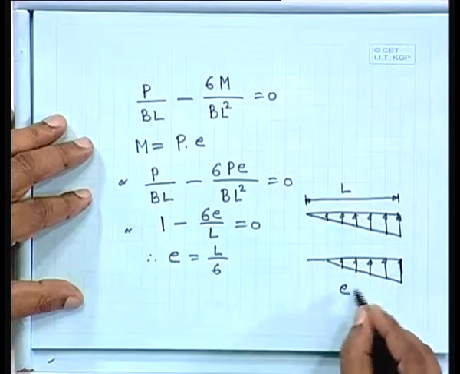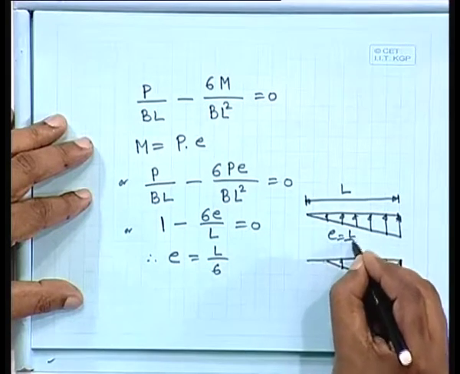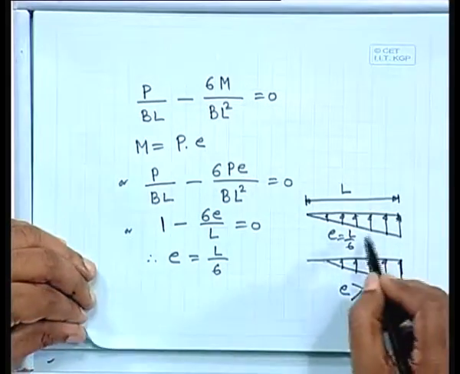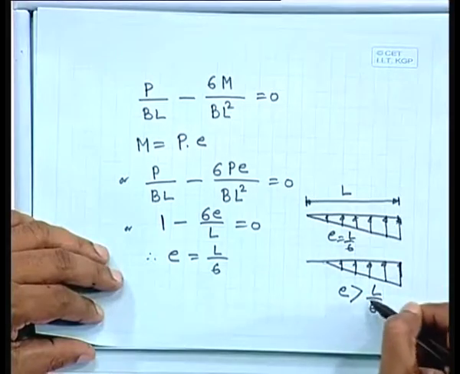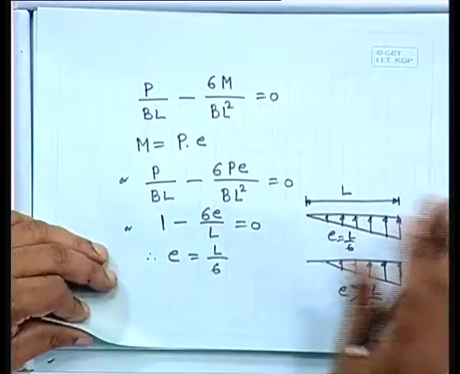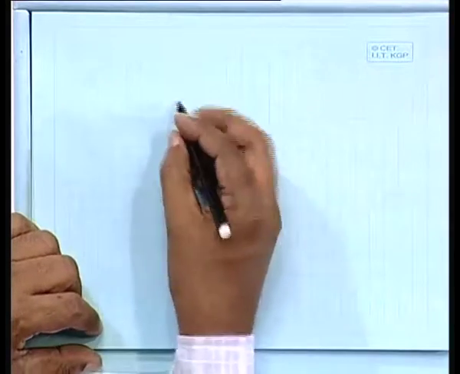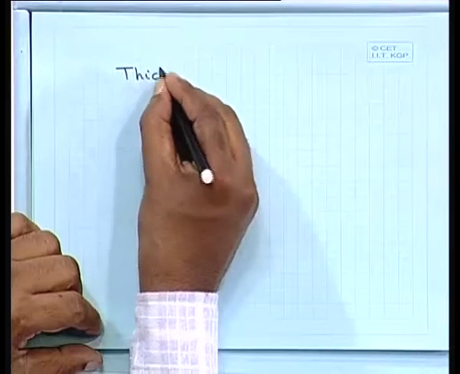This is if E is greater than L by 6. These are the different cases we generally consider: E equal to L by 6, greater than L by 6, all those things. So generally we avoid this. Okay. So let us now come back to the thickness of the foundation or footing.